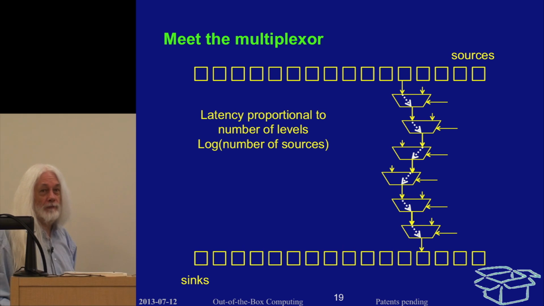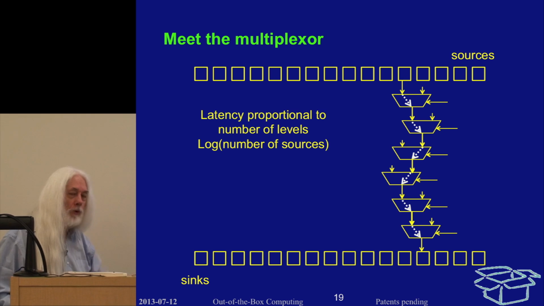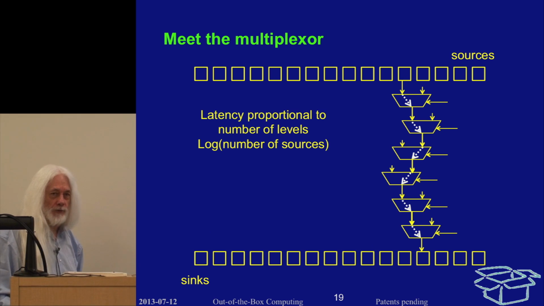I'm simplifying. However, the important thing here is that the latency, the length of time it takes to get something from a source to a sink, is proportional to the depth of that connection path, which is, of course, log of the number of sources, because each source has to get to each sink.